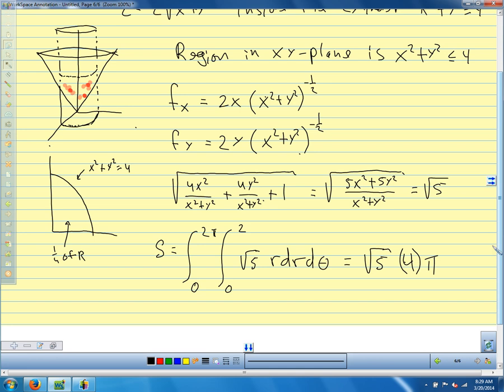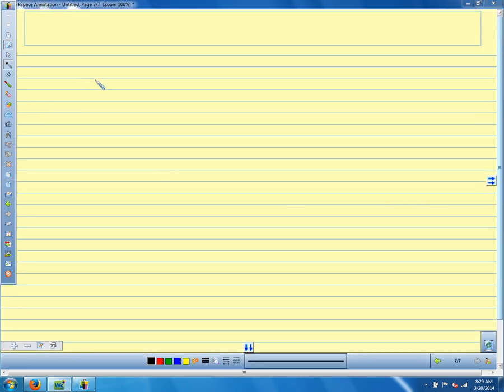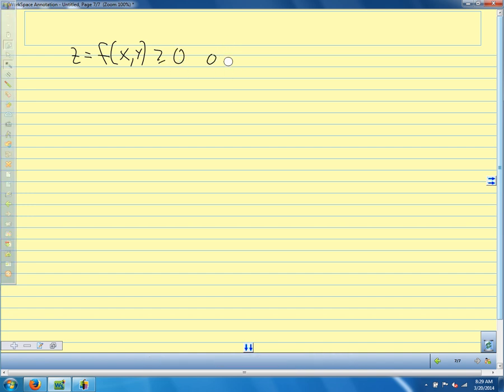All right, last thing I have is a couple of questions for you guys. So for these questions, z equals f of xy, and is greater than or equal to 0 over R in the xy plane.